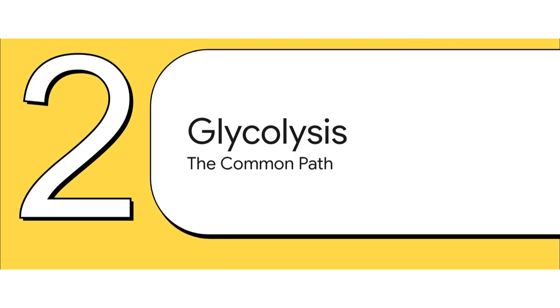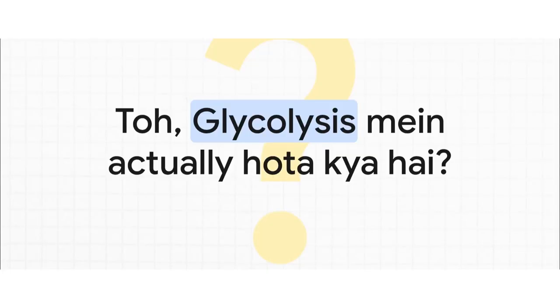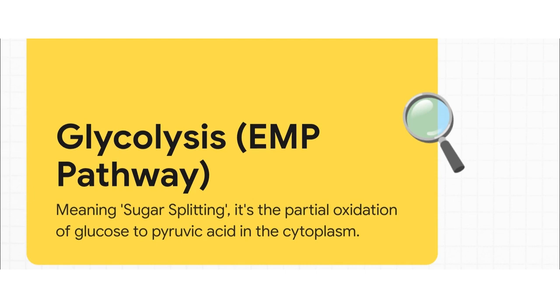Now, let's get to the first major step, glycolysis. The most important thing here is that glycolysis happens in every single living organism, whether there's oxygen or not. That's why we call it the universal common pathway. So the question is, what actually happens in this process? Let's break it down. The name glycolysis itself means sugar splitting.